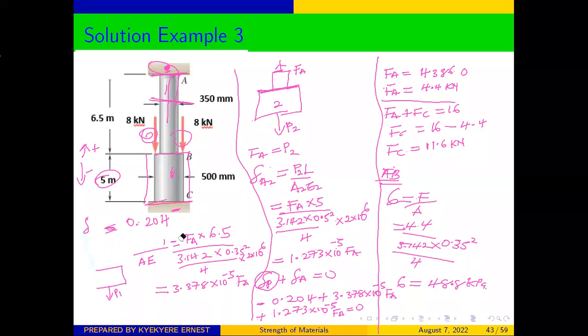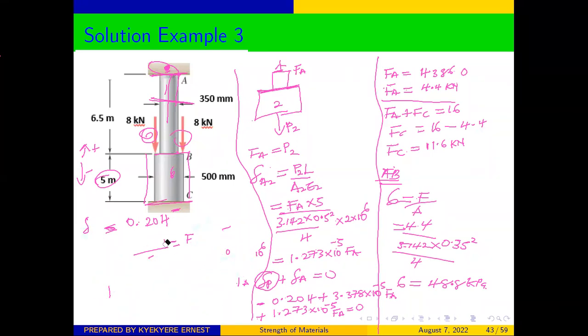To be able to determine the stress in BC, you can see that now from A to BC, we'll be encountering these two external forces. So it means that if A is pointing upwards and these are coming downwards, then we need to write the equation for that.